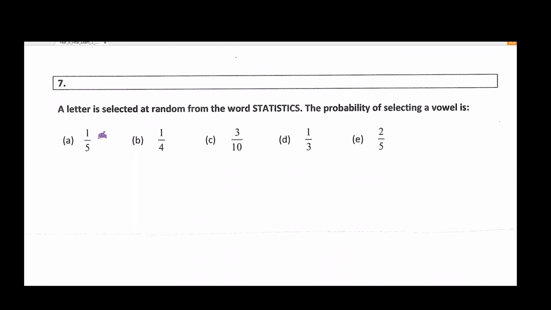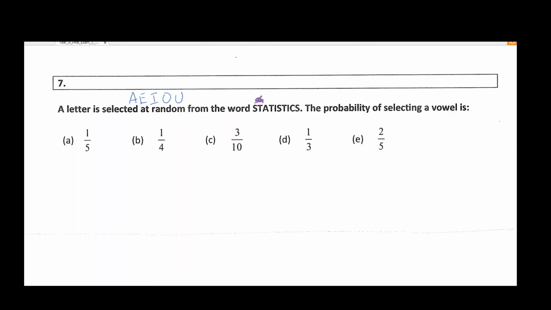Number 7. A letter selected at random from the word statistics. The probability of selecting a vowel is, so we have our vowels A, E, I, O, U. Let's try and figure it out.